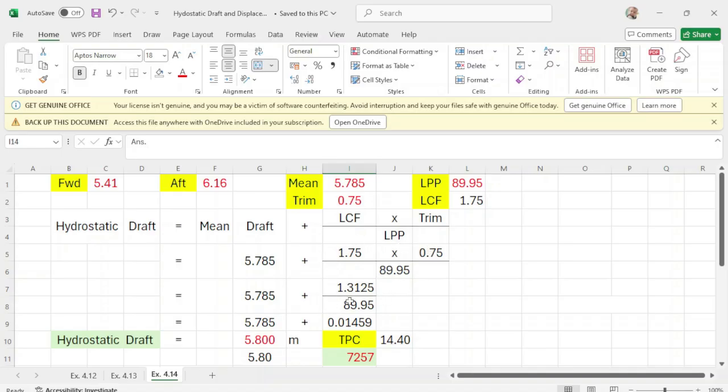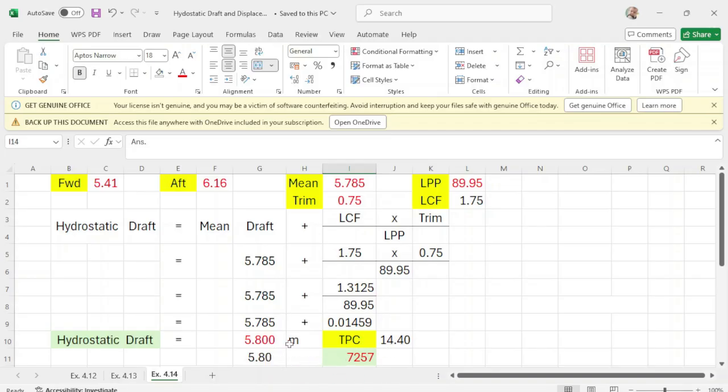With this equation, multiply these two, that will be 1.3125 over your LPP of 89.95 plus your mean drop. And the answer to this equation is 0.0146, or 5.785 plus 0.0146 is exactly 5.80 meters.